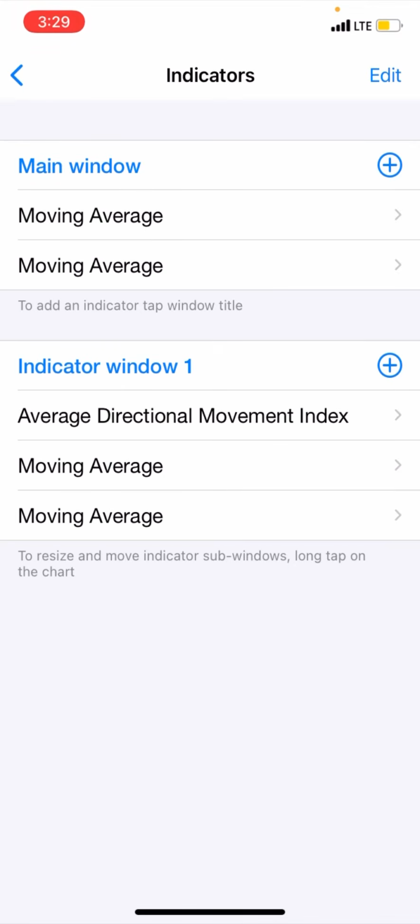When we combine them, we have good confluences that would prompt our entries and our exits in the market. So this strategy will show you where to enter the market and where to opt out of the market.